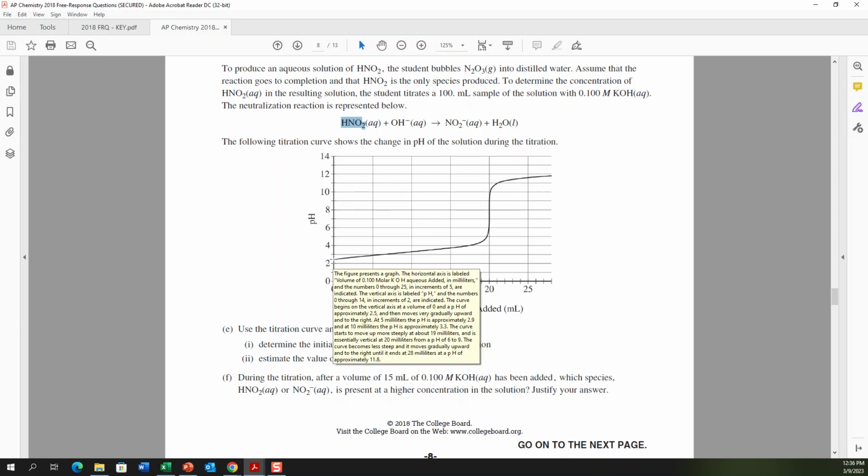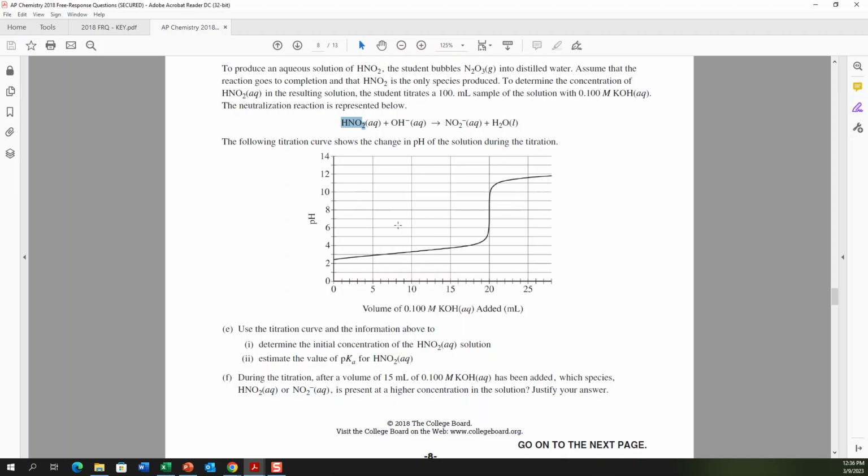And as we go from the start of the titration to the equivalence point, we're slowly losing this and steadily gaining this. And then by the time we get to the equivalence point, we don't have any more of this, and all we have is that. So the half equivalence point is where they're equal.